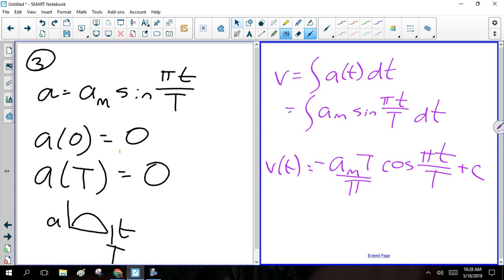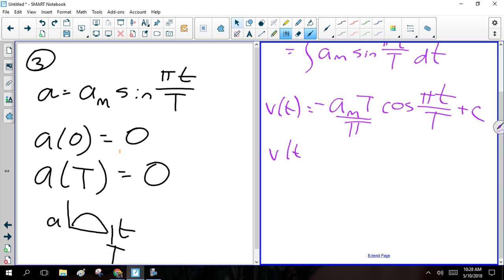So if you solve, you find out that your c is a max T over pi. So my velocity at time t is negative a max T over pi cosine pi t over period plus this mess, a max T over pi. There you go.